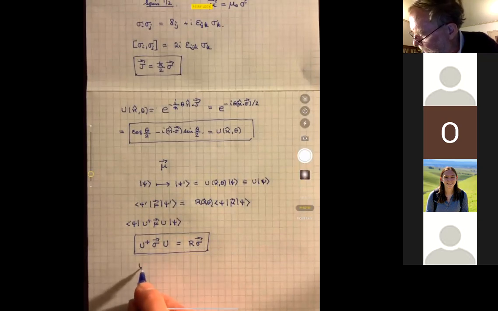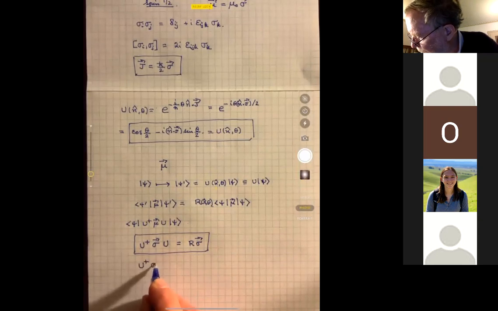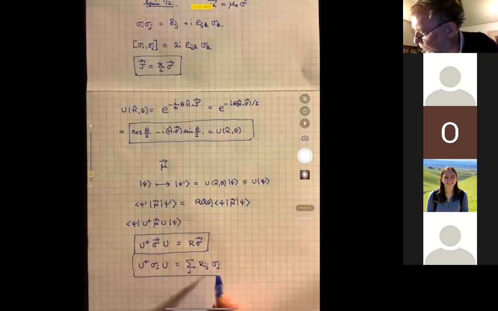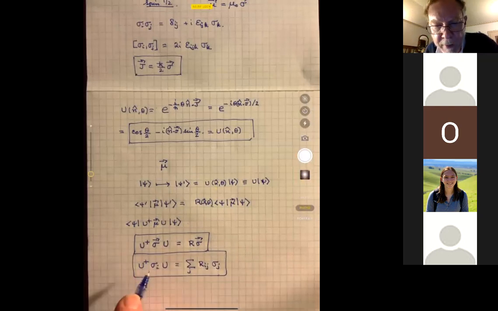So in order not to be confused about this, it might be better if I write it this way: if I conjugate one of the components of sigma by one of these rotation operators, what I get is a linear combination of the sigmas whose components are given by the classical rotation matrix. These two mean the same thing, and the upper box is just a shorthand notation for the lower box. So I hope that makes it clear what this is. All right, now the question is, is this true?